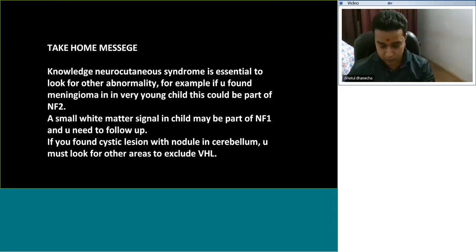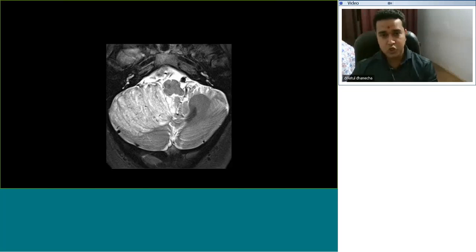What I really want to convey is that when you find a lesion in the brain, like multiple meningiomas in young patients, we have to look for inherited causes, like NF2 or other abnormalities. Similarly, if you find multiple nodules or cutaneous neurofibromas, go for neuroimaging to look for any CNS abnormalities.